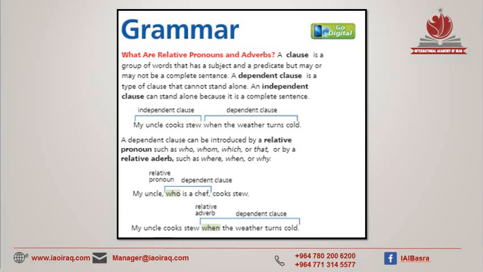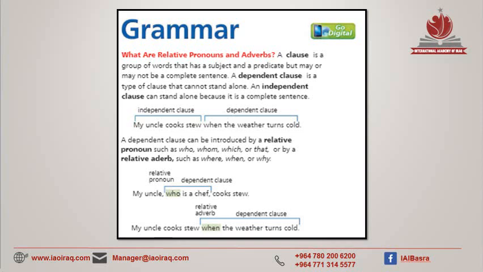Now, if we look at the example, my uncle cooks stew when the weather turns cold. The independent clause is my uncle cooks stew. You could put a full stop at the end of that and it would make sense. But if we took the dependent clause, when the weather turns cold, that is not a correct sentence.